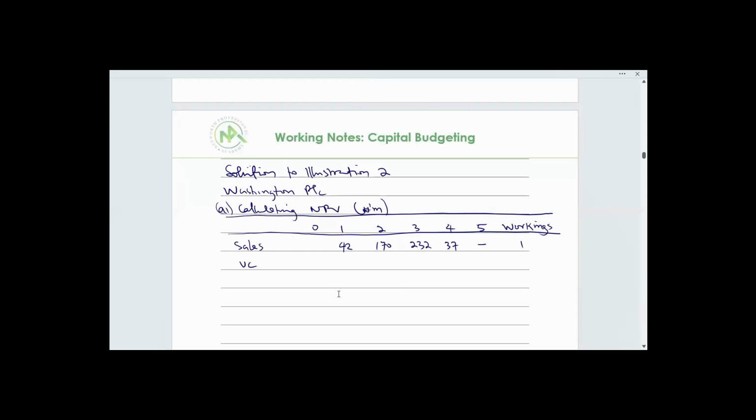I would then confirm if I have variable cost. Again, from the table, you are told that variable cost in current price terms is 900, 1,000, 1,020, 1,020. So let's go and do our working for variable cost.